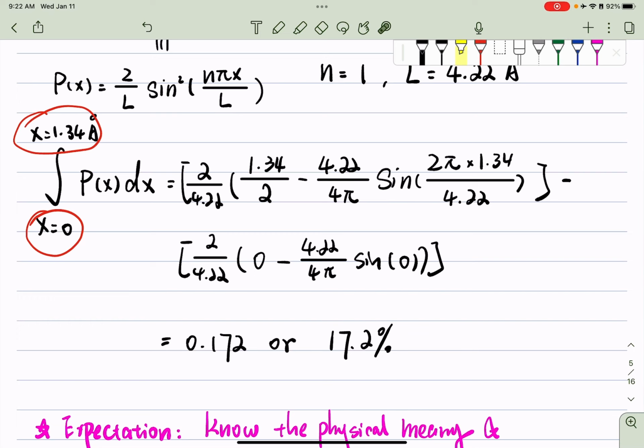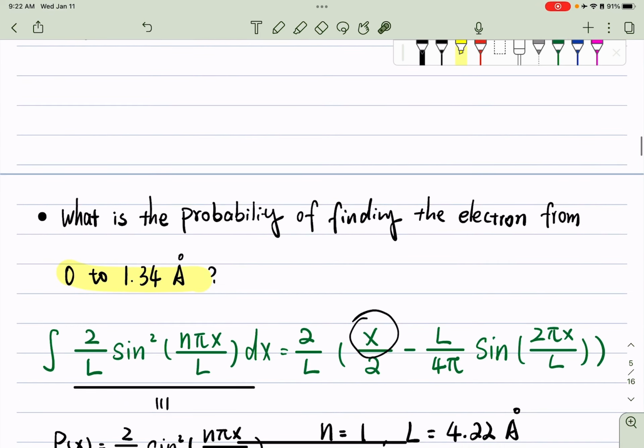So if I give you a question, say finding the probability of the electron from 0 to 1.34 times 10 to the, say, -8 meter, and you want to translate that meter into angstrom, you need to keep the units consistent when we're doing the integral and also the derivative. That's a very good question. Any other questions before we move on?